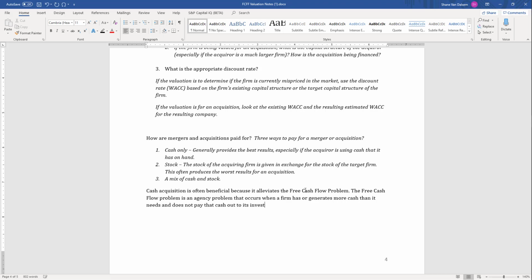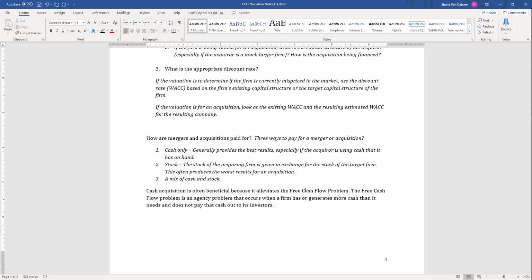So if they're sitting on a bunch of cash, or they're generating a lot more cash than what they need, this can result in what's called a free cash flow problem. And the idea behind this is pretty simple. When people get extra cash that they don't have a use for, they tend to do dumb things with it. Okay, they tend to go out and blow it. And managers and firms are not any different in that case.